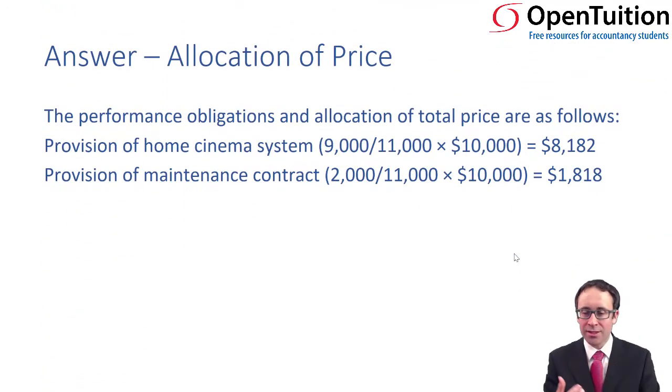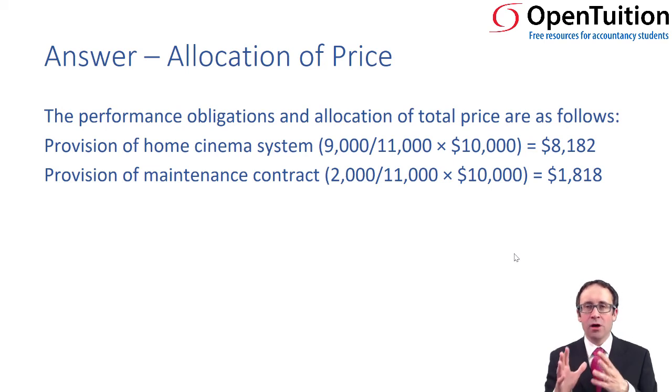So if we look at the answer here, you've got two performance obligations. The home cinema system, so the entertainment system: you've got 9,000 over the 11 multiplied by 10,000, which gives me 8,182. And then the maintenance is there at 2/11ths of the 10,000, which gives me 1,818.